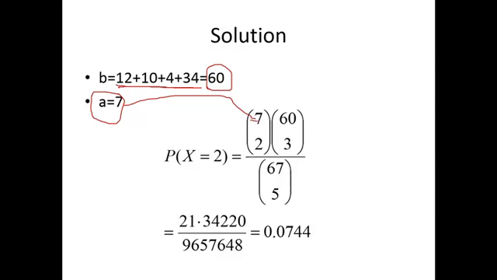The A here, the B here, the little x here, the n, which is equal to 5, minus little x here, and then A plus B here, and then my sample size here. I push my calculator keys, I work the math, and I get 0.0744.